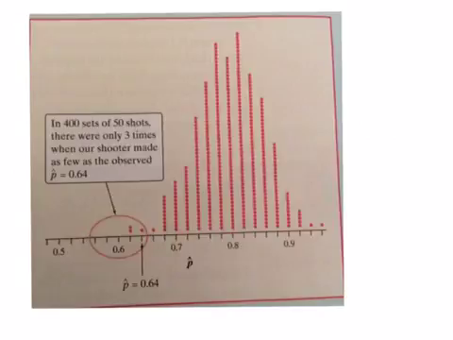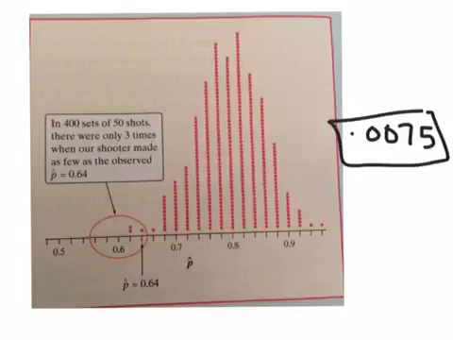But notice this, there's only 3 sets of 50 out of 400 that were 32 or less. So if we say that it was just bad luck, well, it was extremely bad luck. The probability of that happening is 0.0075.